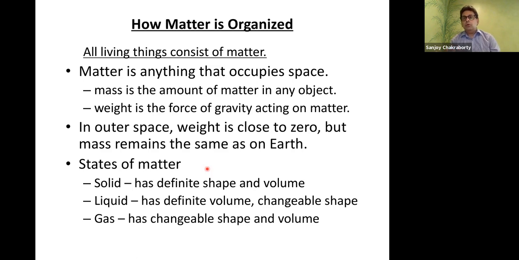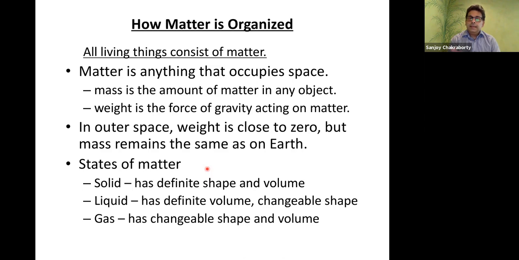If you put it in a bowl, it will take the shape of the bowl. So liquids don't have a definite shape, but they do have a definite volume. The units that make up the liquid are a little bit farther apart compared to the solid.